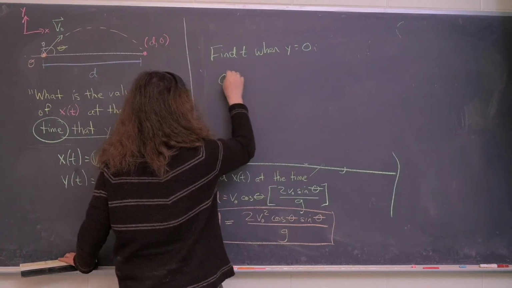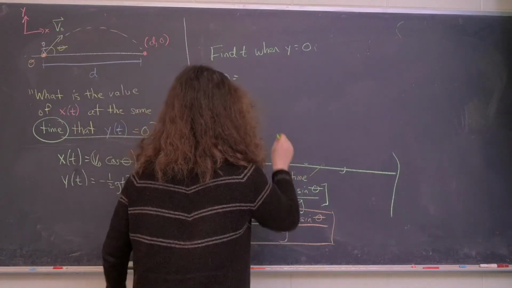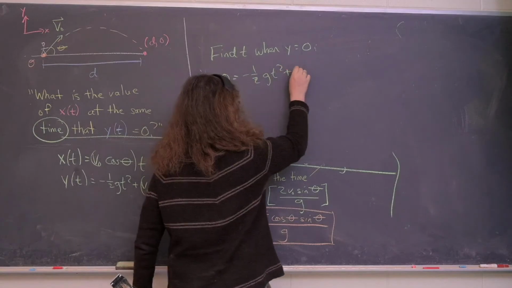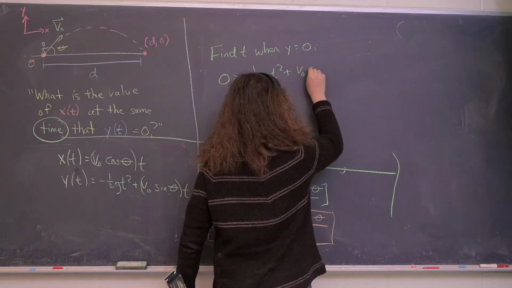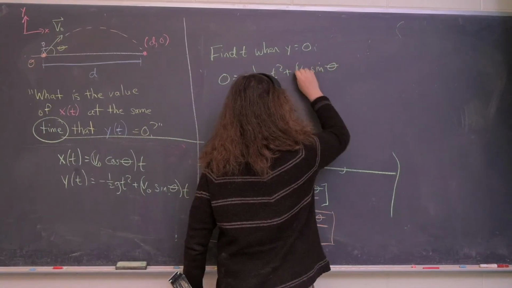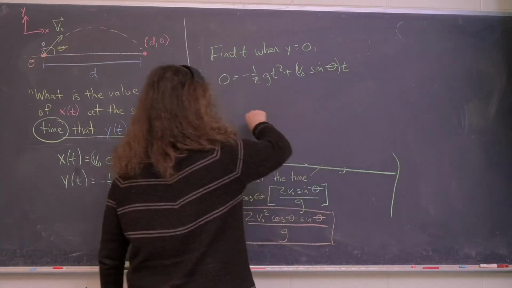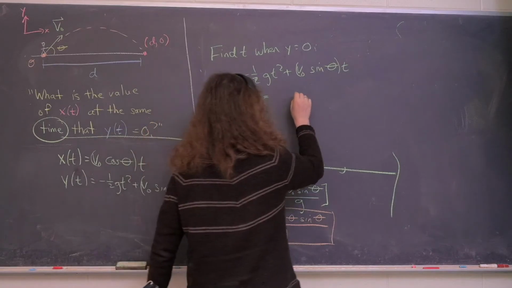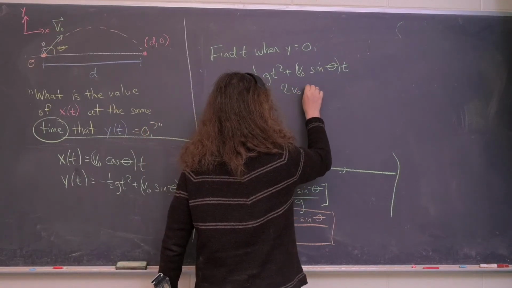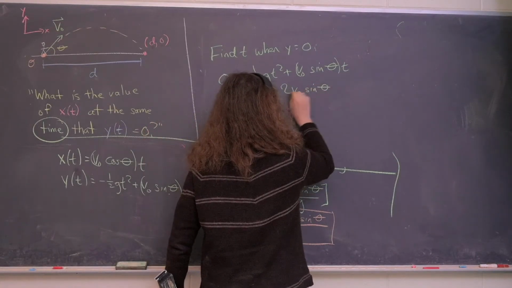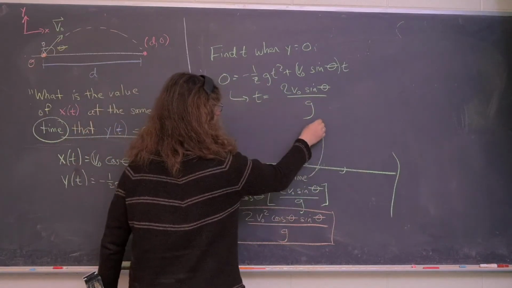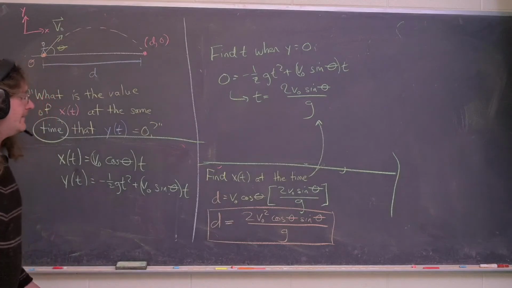So we said 0 equals minus 1/2 g t squared plus V naught sine theta times t. We solve this. We get t equals 2 V naught sine theta over g. And then we just found x at that time.